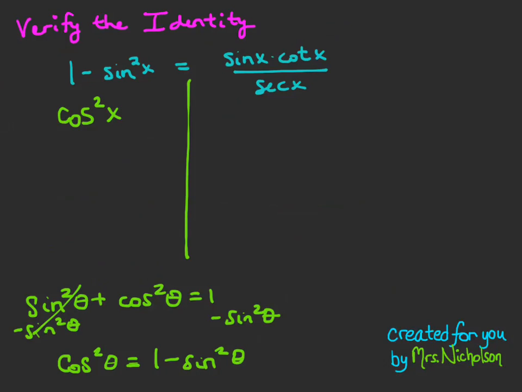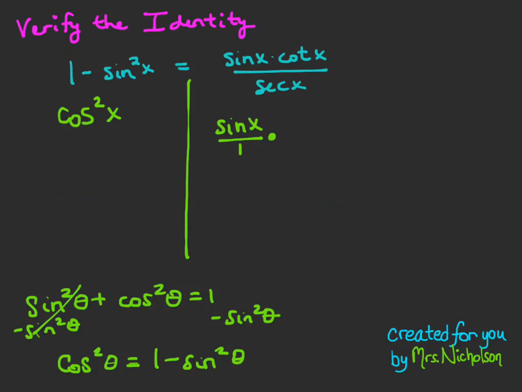I have sine times cotangent over secant. Usually when there's no squareds, there's nothing to be added together. Our best bet here is going to be to get everything in terms of sine and cosine. So I'm starting out with sine x. So I'm going to keep that as sine x, but I'm going to put it over 1 because everything else is going to be a fraction.